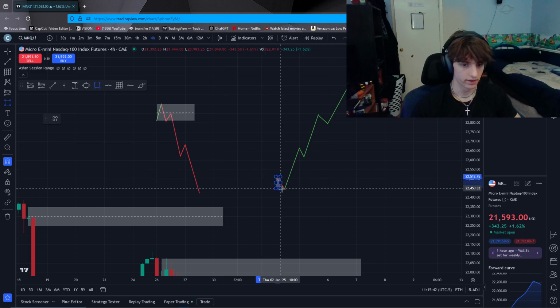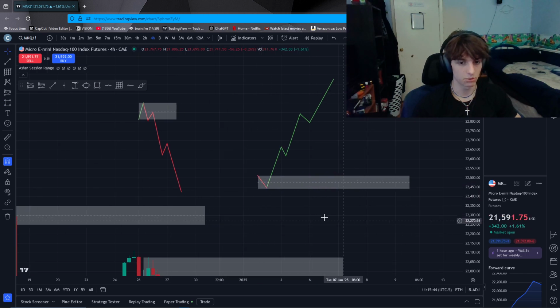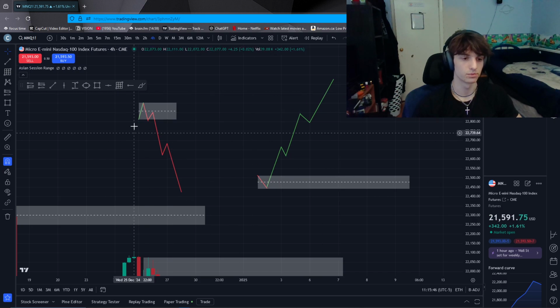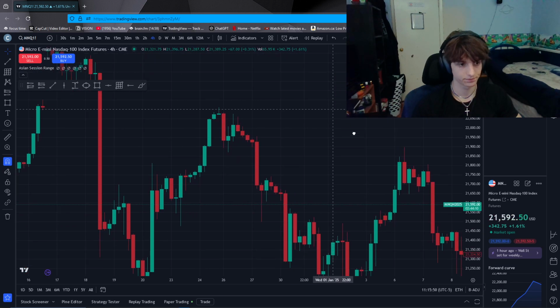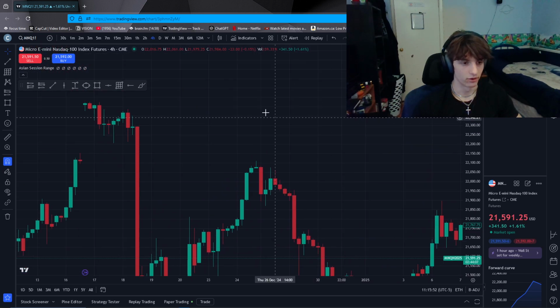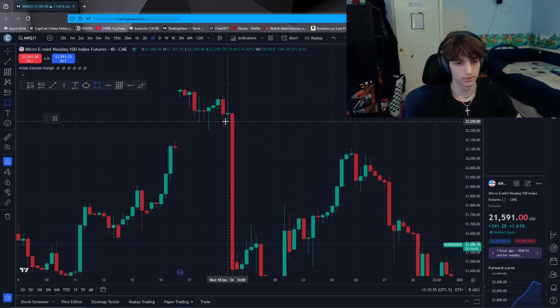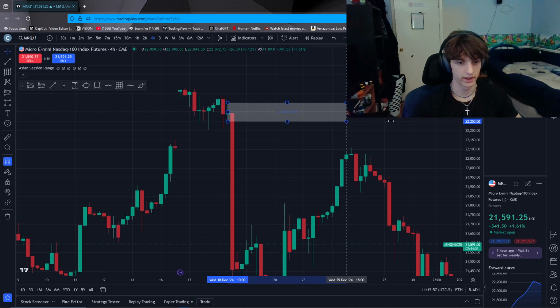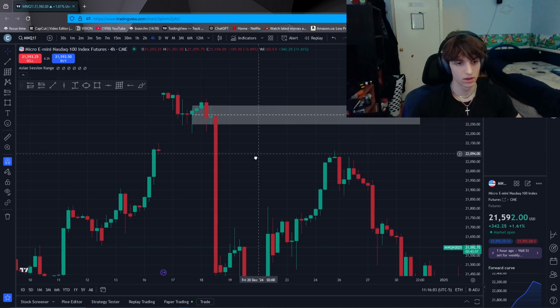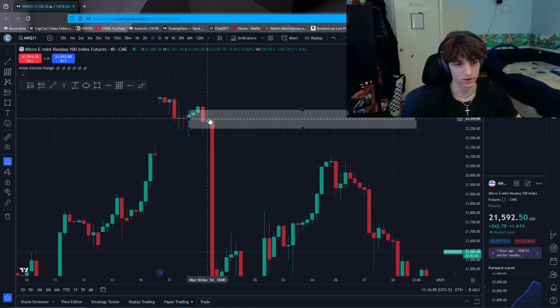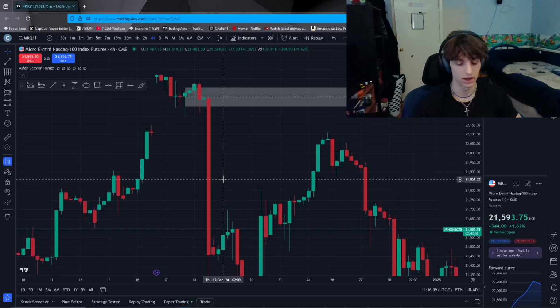So order blocks are either the small leg down before a big move up, or the small leg up before a big move down. Let's get rid of those. And the reason why they work is because inside of this gap, or block, whatever you want to call it, there's a whole bunch of buy orders that created this huge leg down.